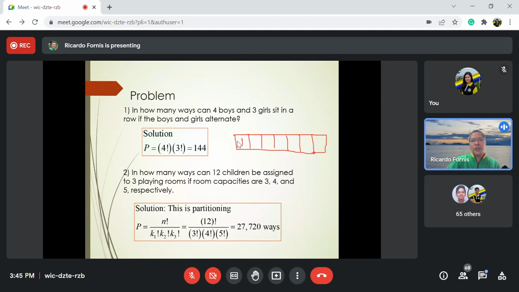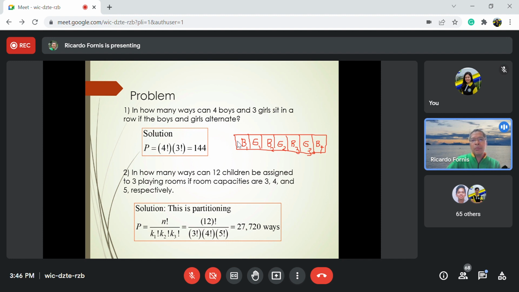This is boy, this is girl. They alternate, supposedly. Let's just put boy number 1, girl number 1, boy number 2, girl number 2, boy number 3, girl number 3. So there are only 3 girls and there are 4 boys. So this is one possibility.